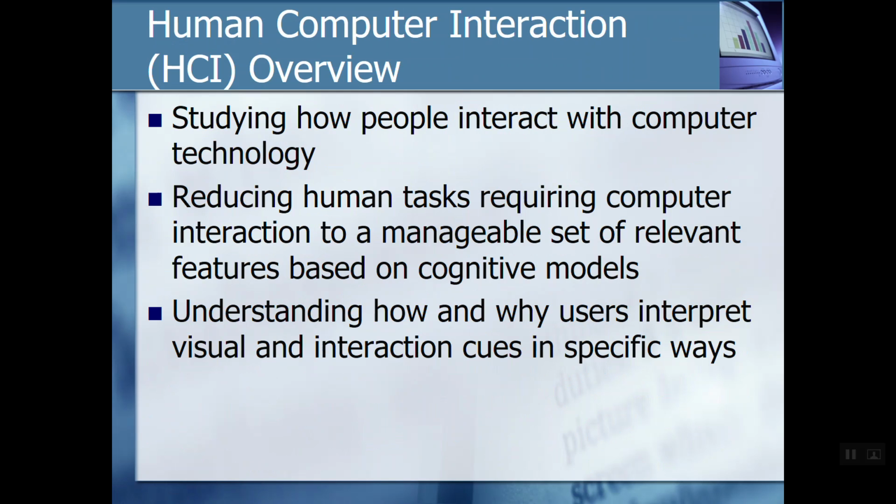In large part, the success of the iPhone was based upon the work they did, understanding how people would use the system and be able to learn it without having to be fully trained in it, taking advantage of things like cognitive models to define all that.